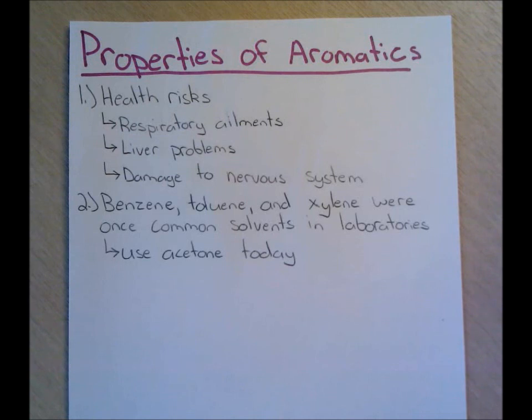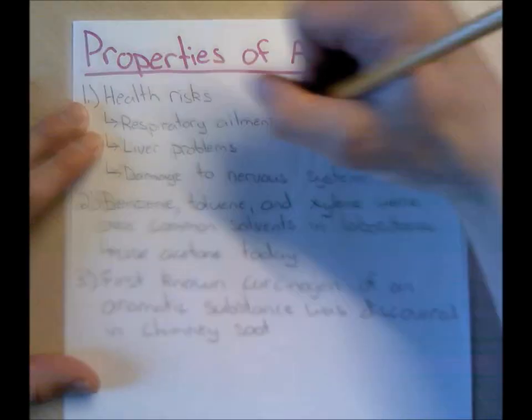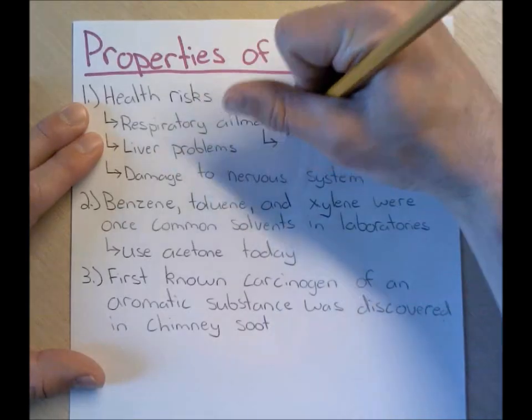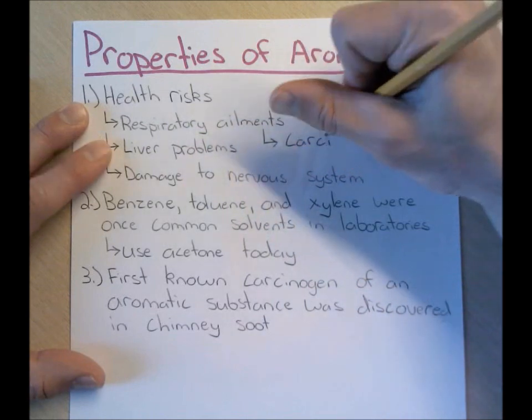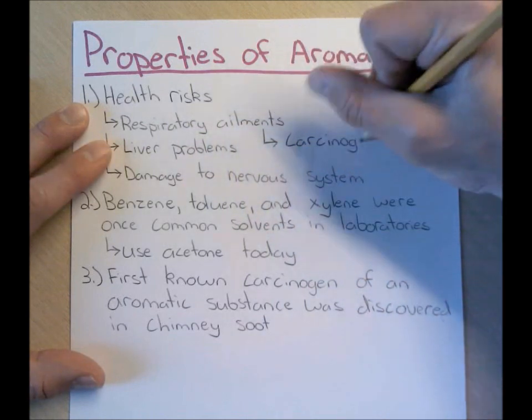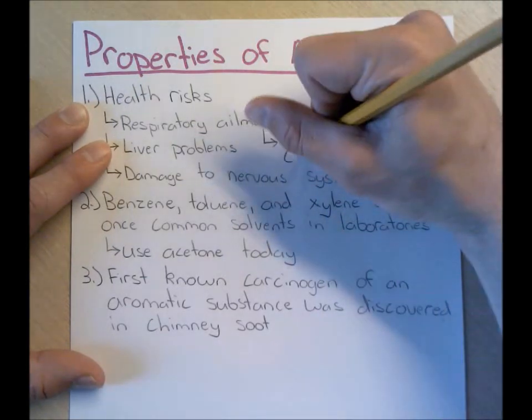So the first known health risk of these aromatic compounds was actually discovered in chimney sweeps in Great Britain. And I failed to mention up here that a carcinogen is another health risk of our aromatic compounds, and all a carcinogen is a cancer-causing substance, or it can cause cancer.